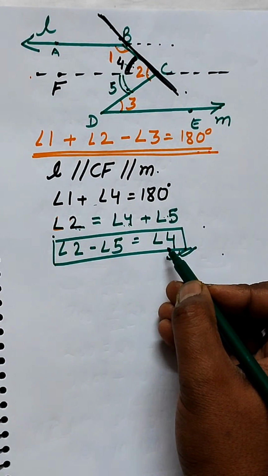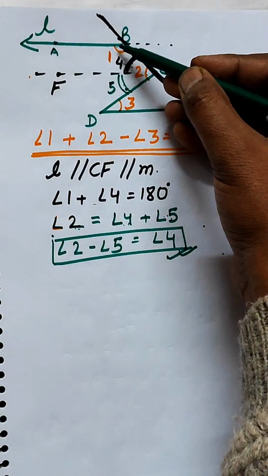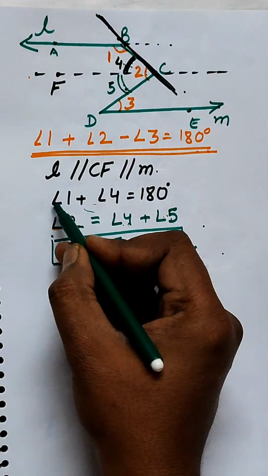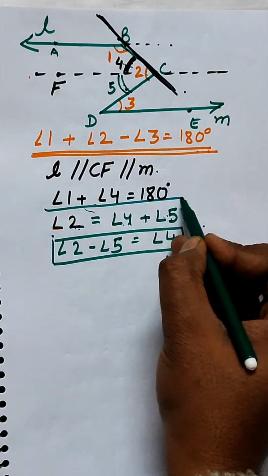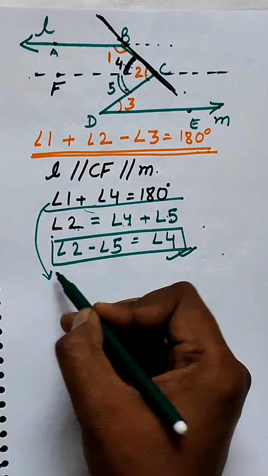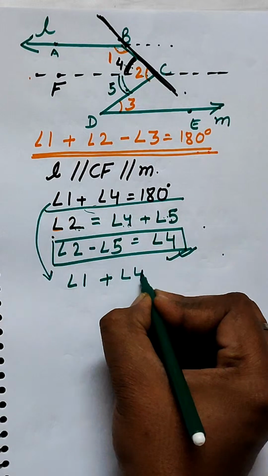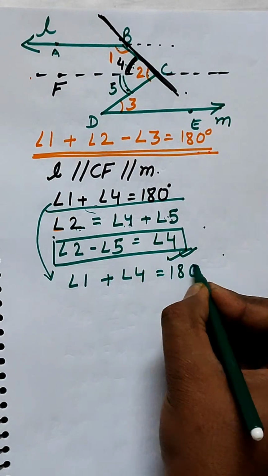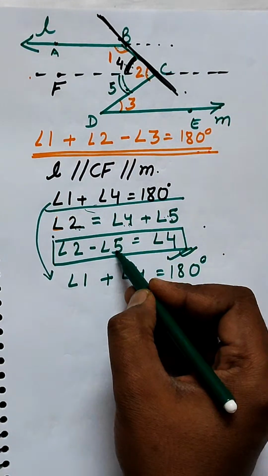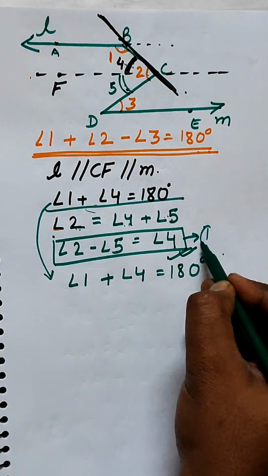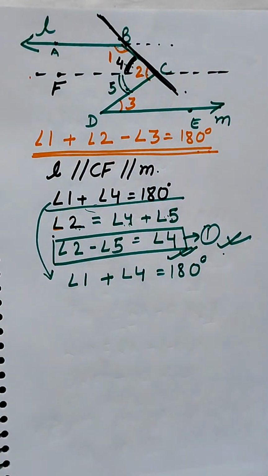Now, do one thing. Since angle 1 plus 4 is 180 degree, this is the relation which I have derived. Then, just write it again over here. Angle 1 plus angle 4 equal to 180 degree. And in place of angle 4, just replace with this equation, right?